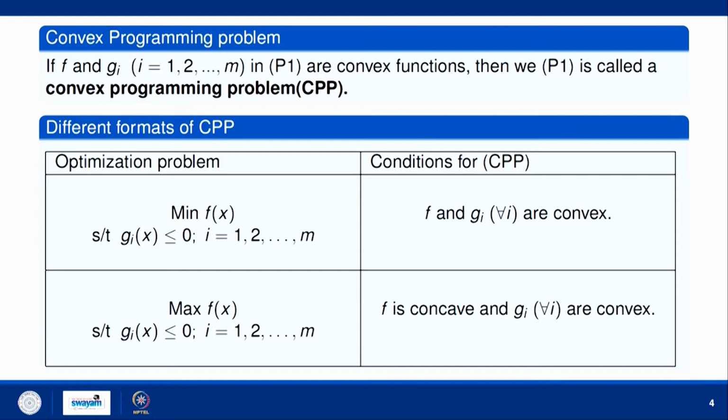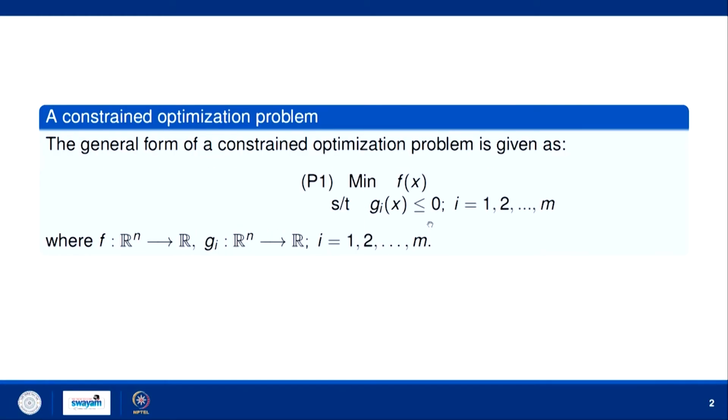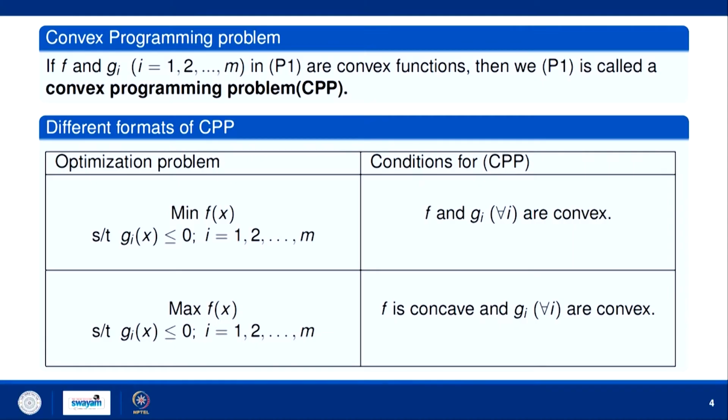Now, what is a convex programming problem? This problem P1 which we have just discussed is called a convex programming problem if the involved objective function f as well as all the m constraints here are convex. That means, if f and all g_i's are convex, then such problems are called convex programming problems. Now, there are different formats of convex optimization problem or convex programming problem. What are the different formats?